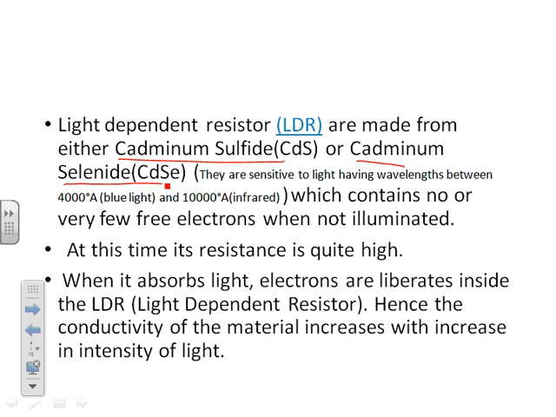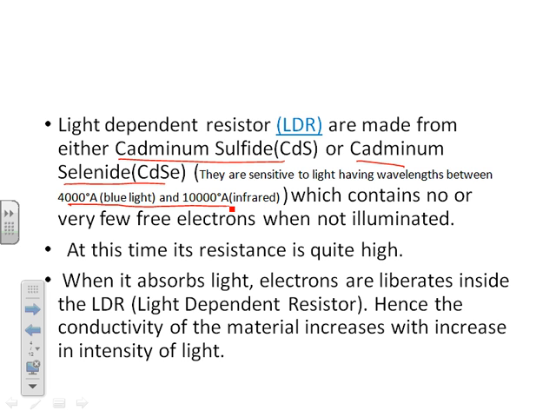As I said in the first slide, this LDR is also called a cadmium cell because the photoresistive material is made of either cadmium sulfide or cadmium selenide, and they are sensitive to light having wavelength 4000 Angstrom to 10,000 Angstrom, that is blue light to infrared. The property of this material is that it contains no free electrons when not illuminated.